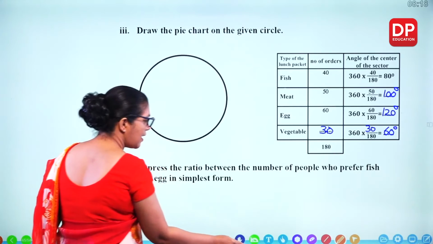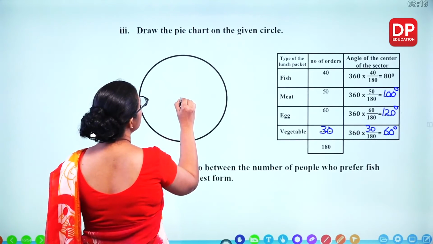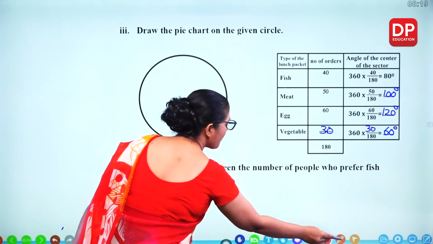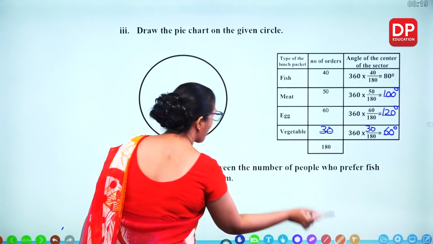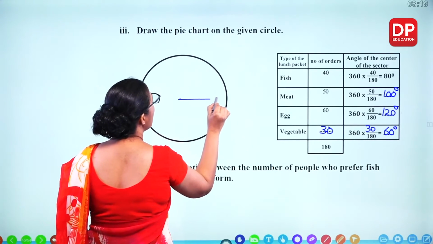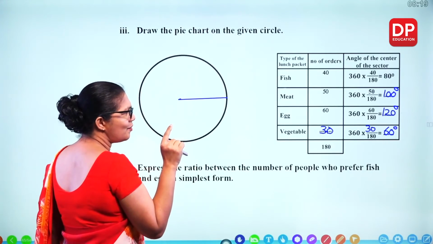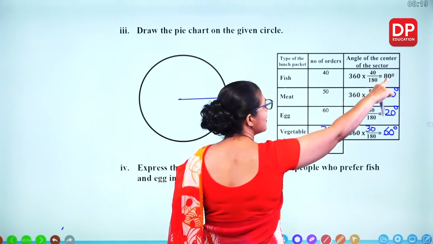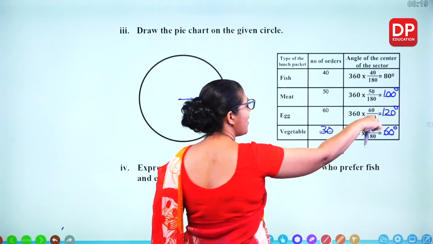So let's take, first we can draw a line. So we need to identify the center and then draw a line. Can you see, when you take this 80 and this one, 180, this 120 and 60, 180.